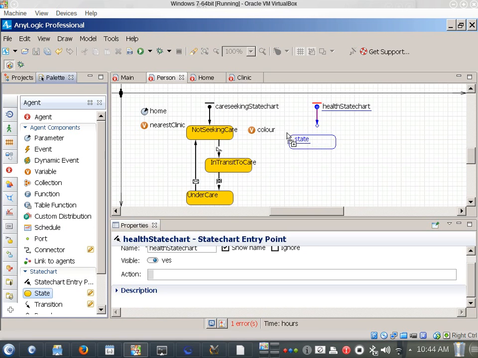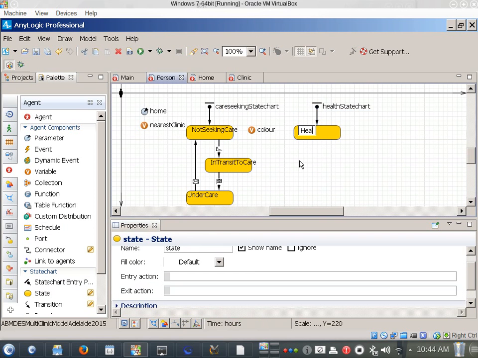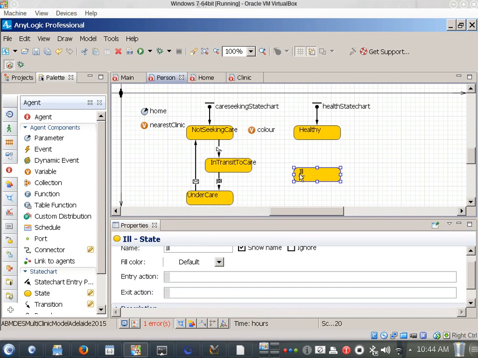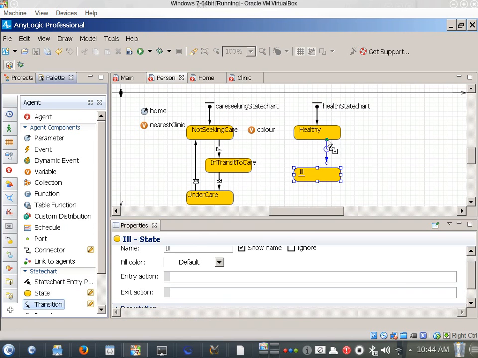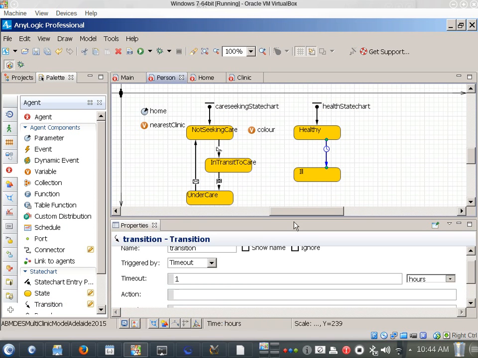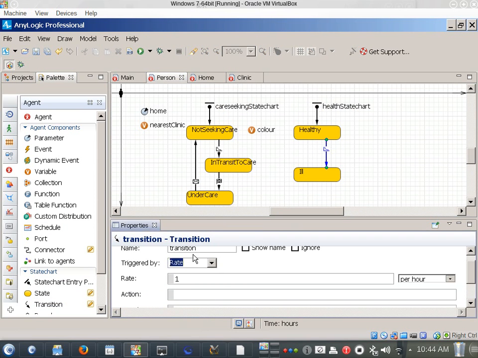One is healthy and one is ill. Here, I would like the transition from healthy to ill to be based on a rate transition of 0.01. So this would be becoming ill.